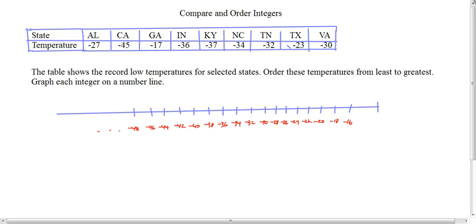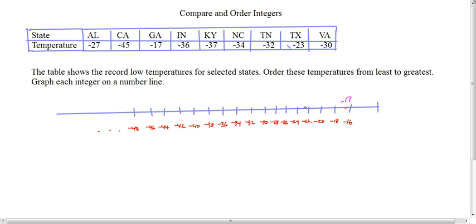Okay. So now we want to graph what we see. So I see a -17, and let's just put a dot here and call it a -17. I also see a -23. So there's 20, there's 22.